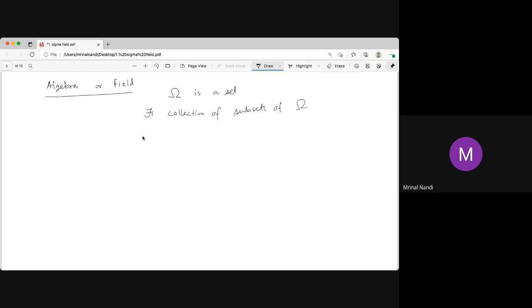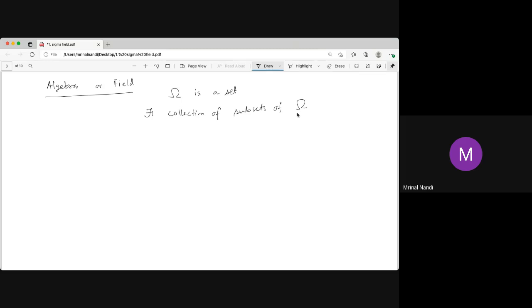So if omega is phi, then the power set has just one element, 2 to the power 0, so phi is the only subset of phi. So the collection itself may be phi, or the collection may contain the set phi. There are two cases actually.